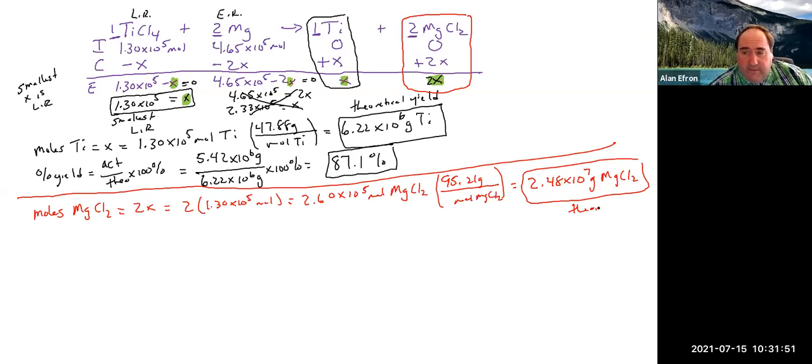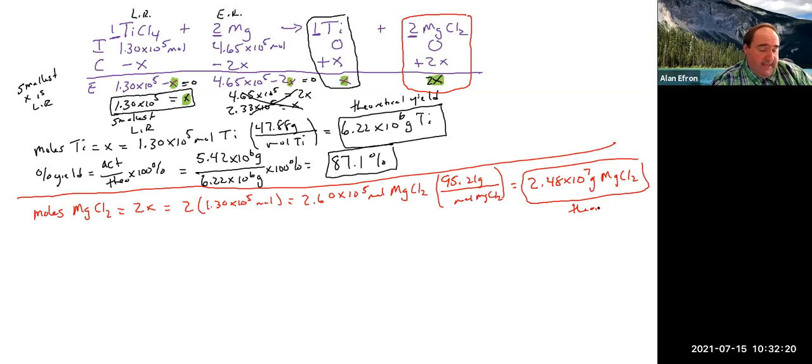We could do that relatively quickly. I think so, if I did that right. I'm going to try that again. It's Mg, just making sure I put the right number in there, plus 2 times 35.45 equals that, yeah, 95. There we go. Any questions on that?